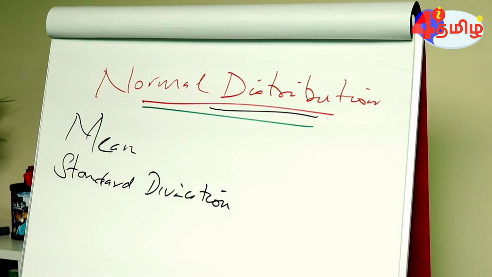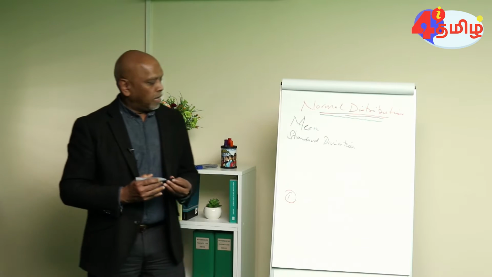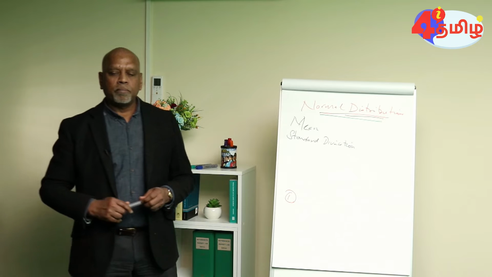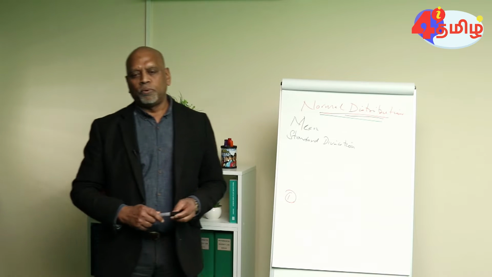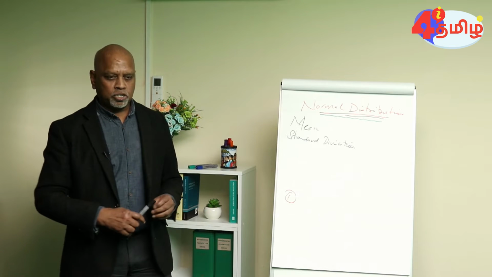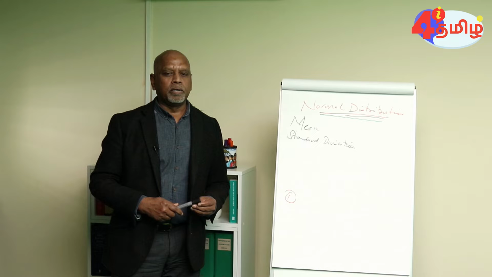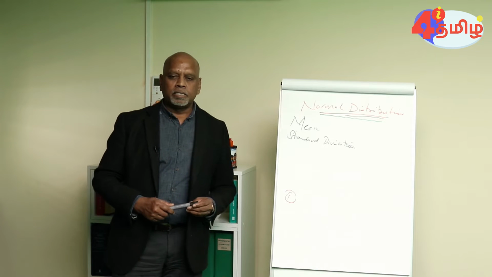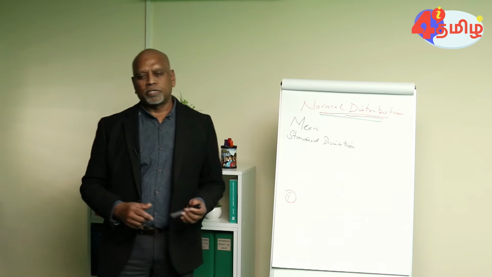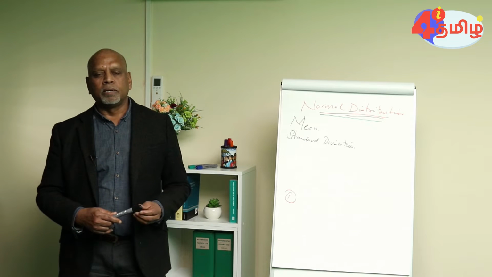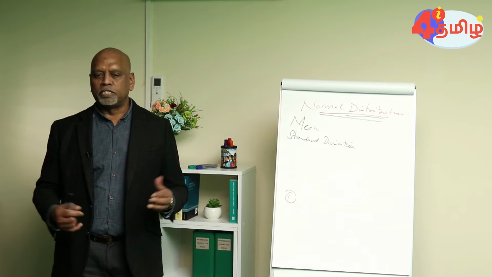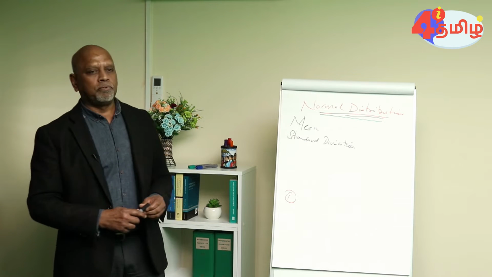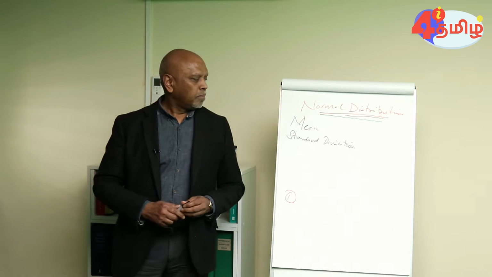There are 2 types of mean. One is the population mean, the population of the entire survey and the mean. And the next one is the sample mean. The sample is a small number of people or items you survey, and you find the mean.